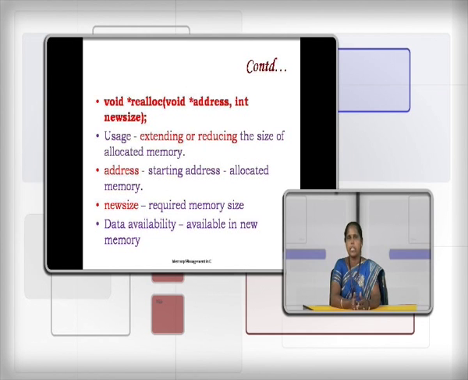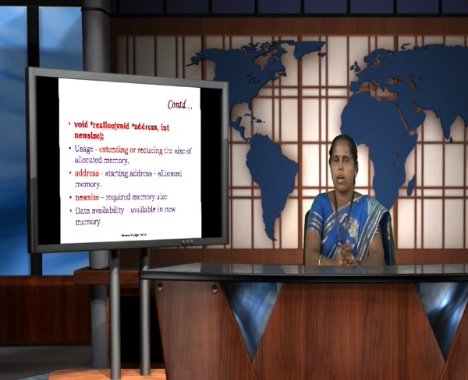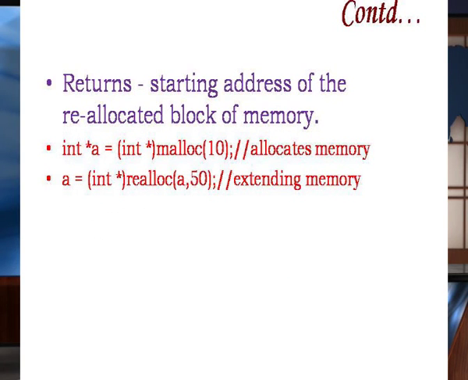So to retain the existing data and extend the memory, we use the realloc function. It allocates as per our requested size, and if the memory already has some content, that content is available in the newly allocated memory.